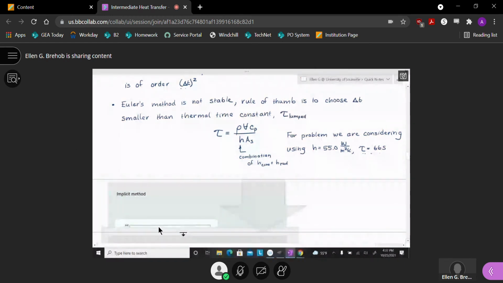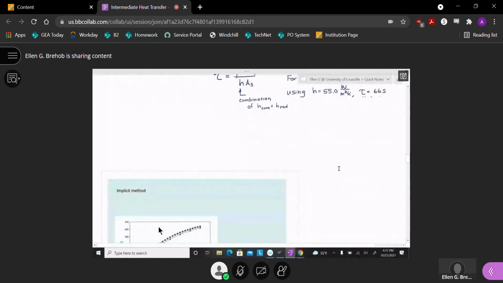Okay, so the next method is implicit method. So my notes about implicit method. Let's see. So now my equation is going to look like, so I'm shooting to my new temperature, T j plus 1. So this is my next time step.